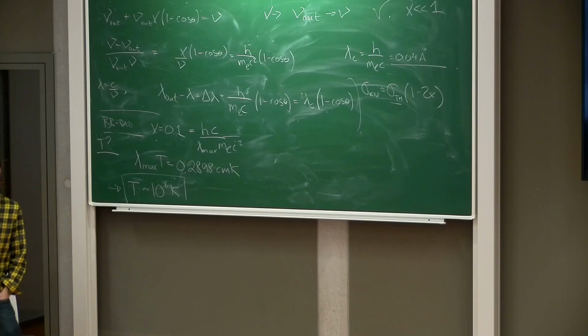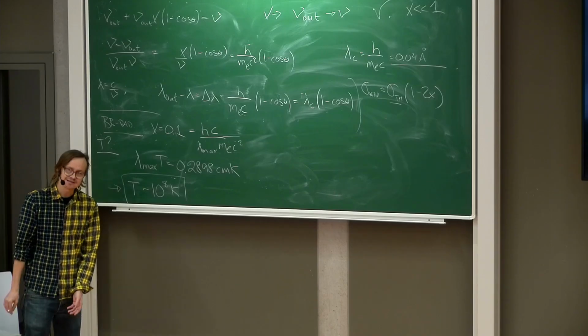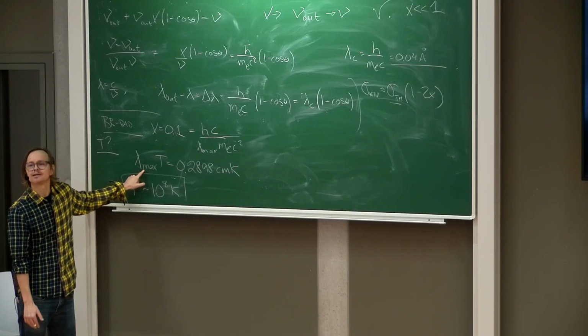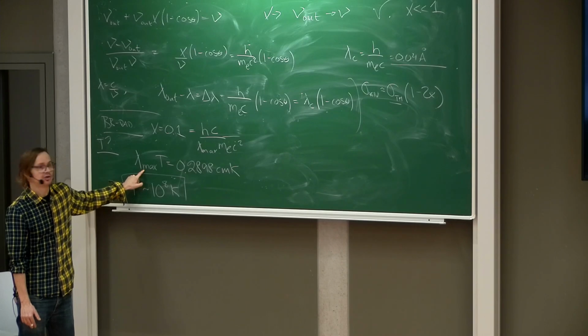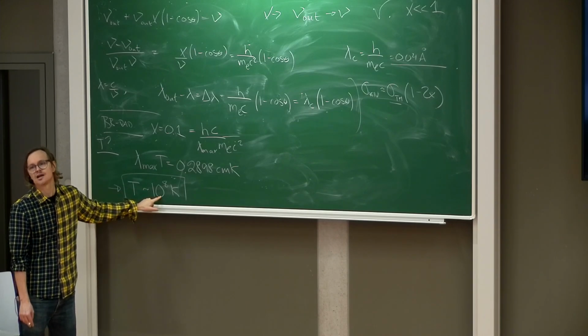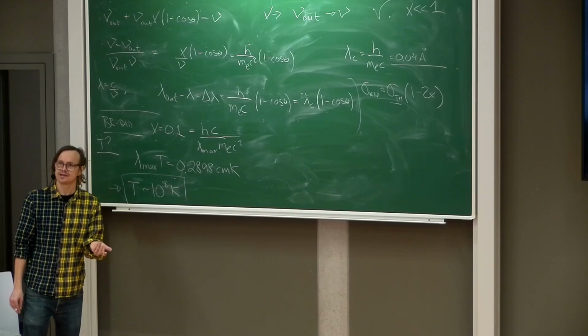So this is my way of showing you that in order to get this effect to be significant, even 10%, at the peak of a black body distribution, you would have to have a plasma that is 100 million degrees, which, you know, is very hot indeed.